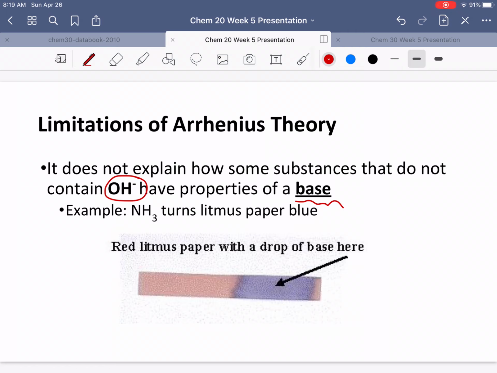They still showed a pH greater than 7. That's weird, right? So the biggest example that should have really caught your eye was that NH3. Nothing about that hints to be a base at all. This, by the way, is ammonia. And yet, there's no question it has basic properties. Okay, in a moment, we'll talk a little bit more about why that could be.